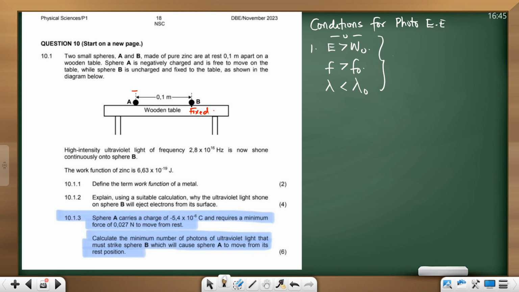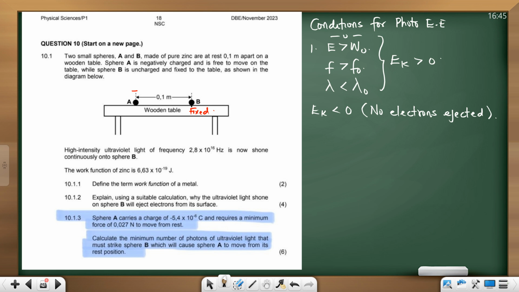All of this will tell me that EK is greater than 0. That's the main thing. For photoelectric effect to occur, EK must be greater than 0. So, whenever EK is less than 0, we are simply saying no electrons ejected. That's the quickest or simplest thing to remember. If you don't know what to do, that's your safe haven. Calculate EK.